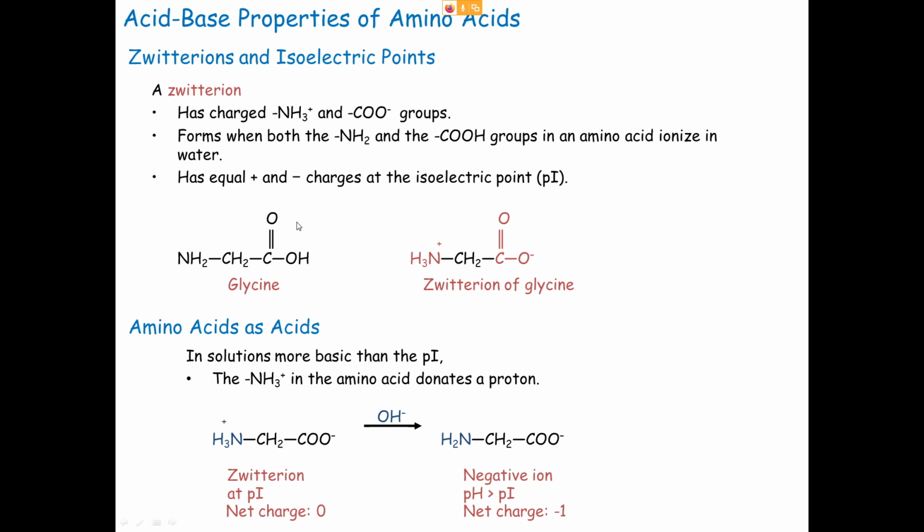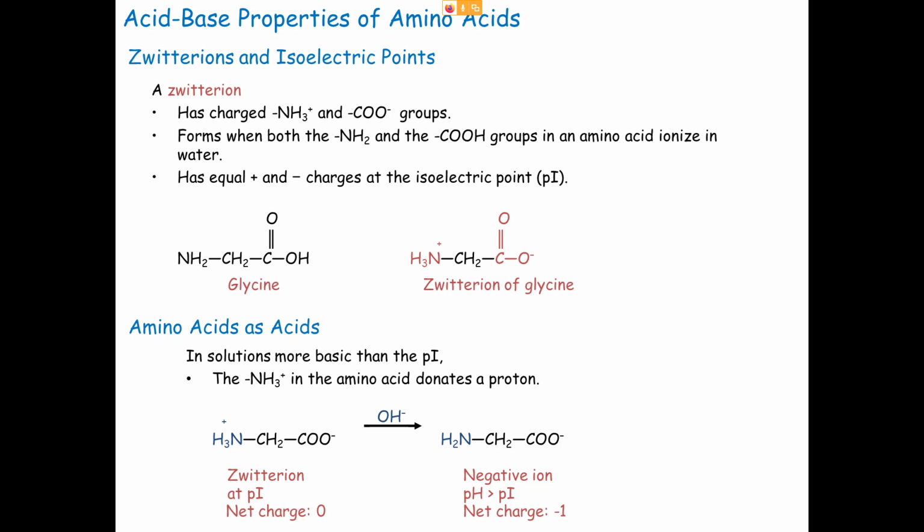So if this one's at 3 and this one's at 9, that means if you're at a pH more acidic than 3, this thing will be deprotonated. Sorry. If you're at a pH more acidic than 3, it'll be protonated. If you're at a pH more basic than 3, it'll be deprotonated. For the amino group, if you're more acidic than 9, it'll be protonated.